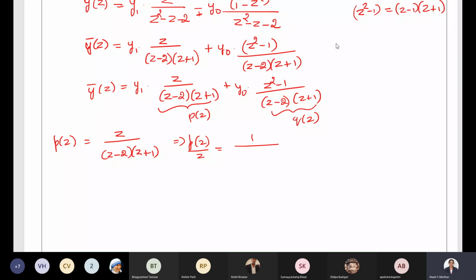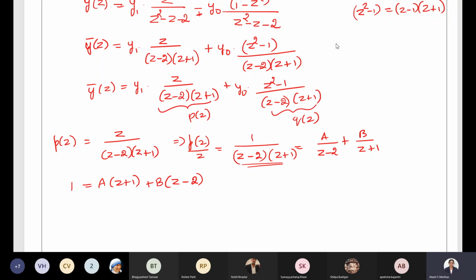We get 1 divided by z minus 2 into z plus 1. That can be written as A by z minus 2 plus B divided by z plus 1. Then you multiply the entire expression by this denominator. So 1 equal to A into z plus 1 plus B into z minus 2. That is what we get when we multiply the entire expression by the denominator term.